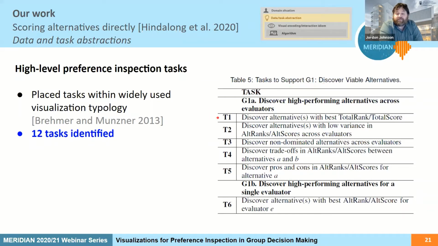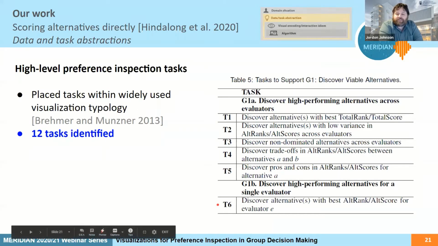So things like discovering alternatives with the best total score, discovering alternatives with low variance in the alternative scores, discovering non-dominated alternatives. Non-dominated simply means there is no other alternative that anyone has scored higher. Discovering trade-offs, discovering pros and cons for a particular alternative.